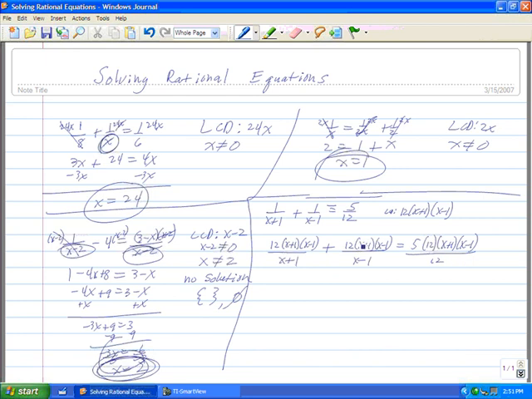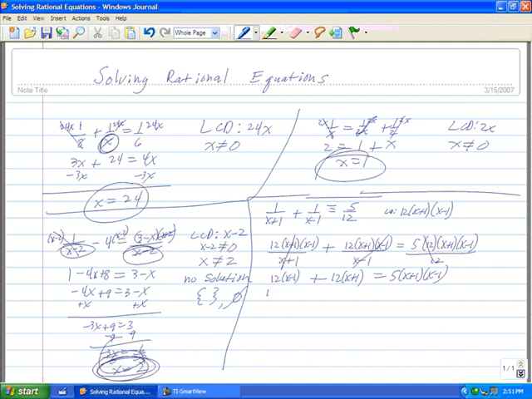So I've multiplied 1, 2, 3 times by the least common denominator. Let's start canceling. Here you cancel and you're left with a 12 and an x minus 1. Plus, here you cancel and you're left with a 12 and an x plus 1. Over here you cancel and you're left with the 5 and the x plus 1 and the x minus 1.